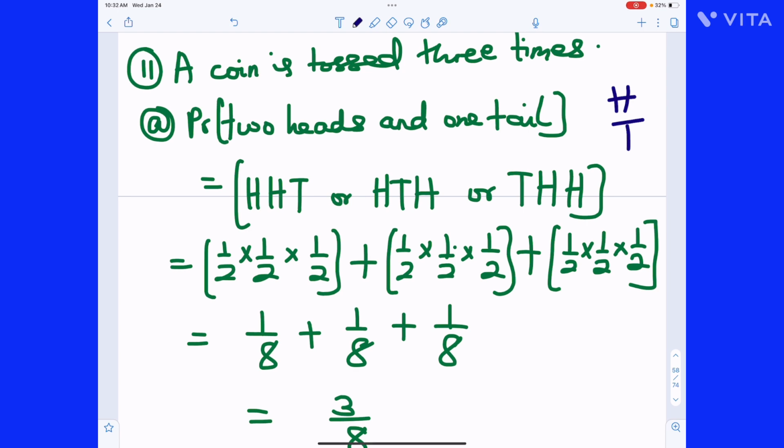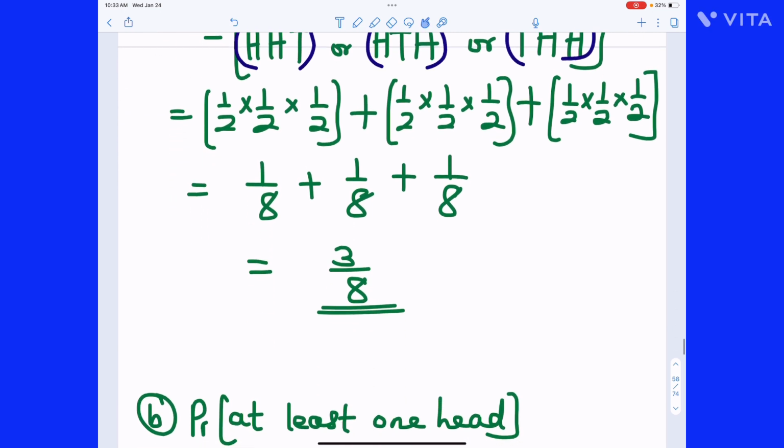So the probability of getting 2 heads and 1 tail, if the coin is tossed 3 times, will be the probability of getting either head, head, tail, or head, tail, head, or tail, head, head. I could keep all this in brackets so it looks neater. So you compute their probabilities and add to get 3 over 8.